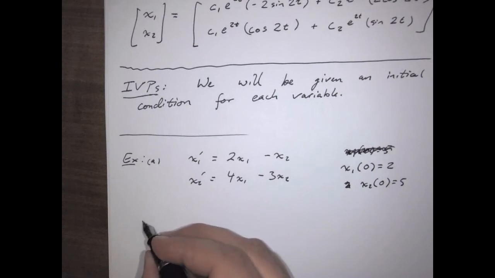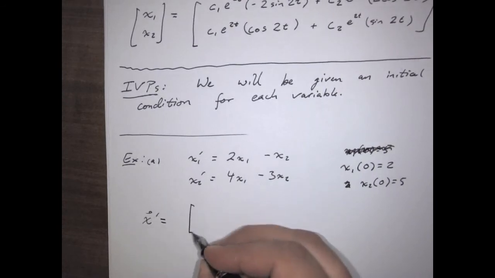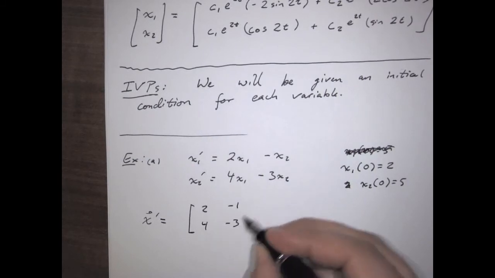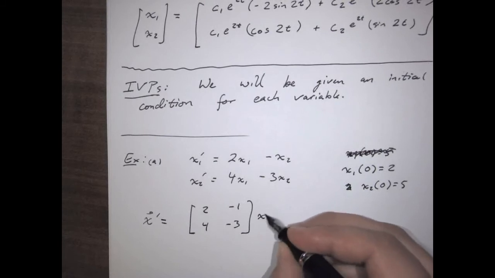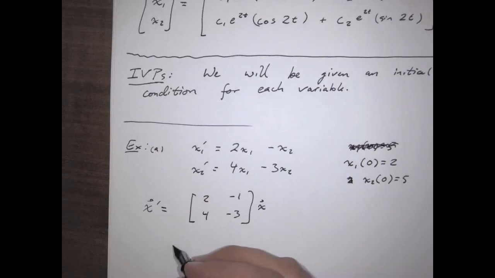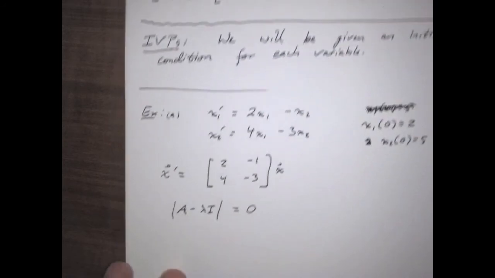Now, away we go. So x prime is equal to the matrix 2, negative 1, 4, negative 3 times x, the vector. And so now we need to find the lambda. So A minus lambda I, the determinant of that, set equal to 0.